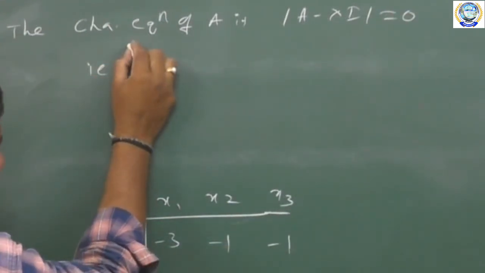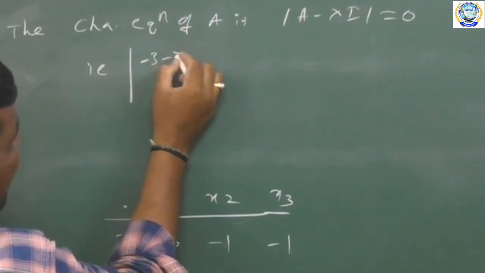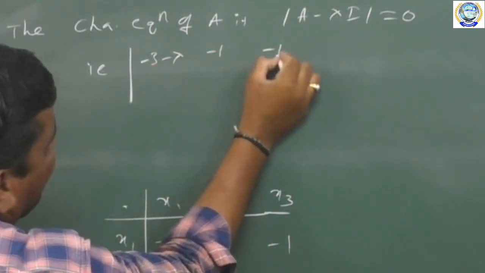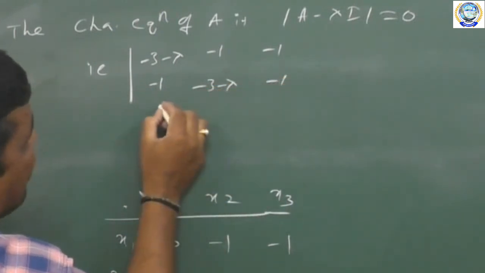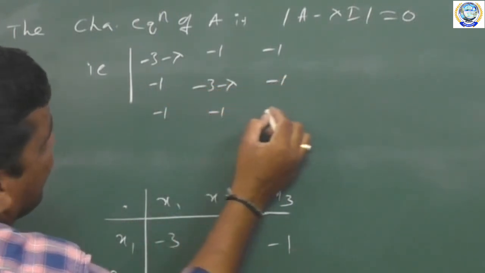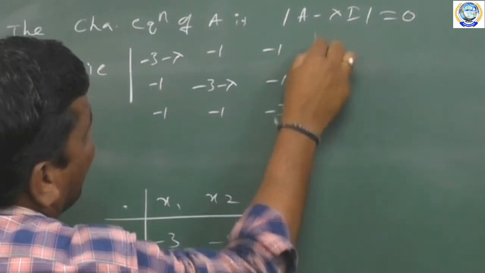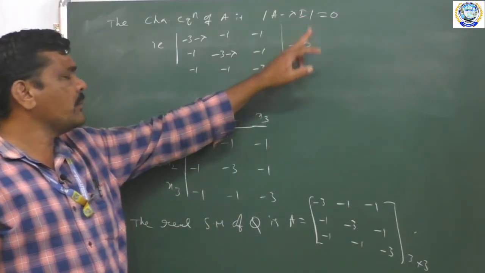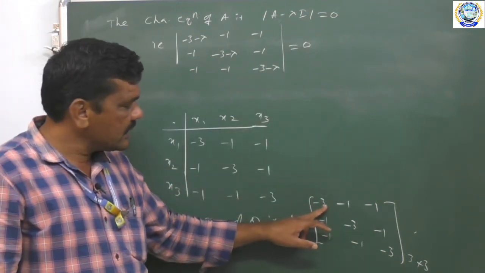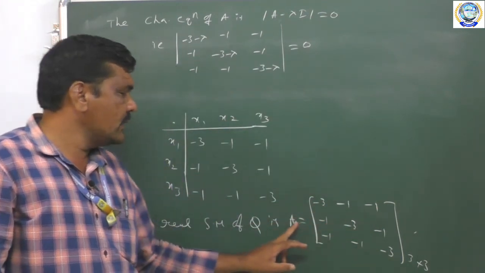That is, the determinant of [-3-λ, -1, -1; -1, -3-λ, -1; -1, -1, -3-λ] = 0. Here A - λI is obtained by subtracting λ from the diagonals in A.